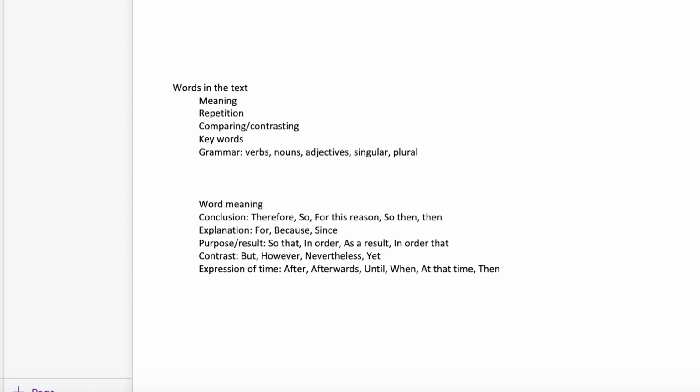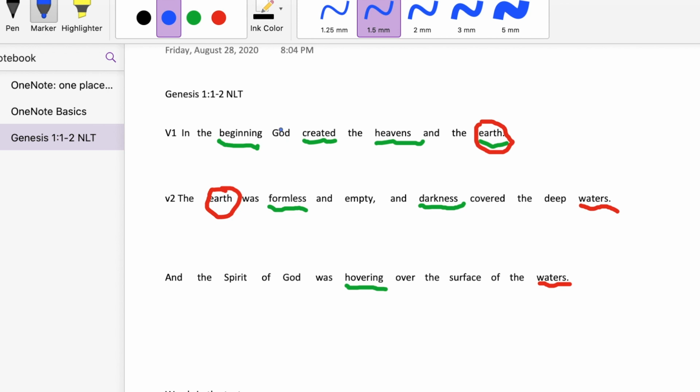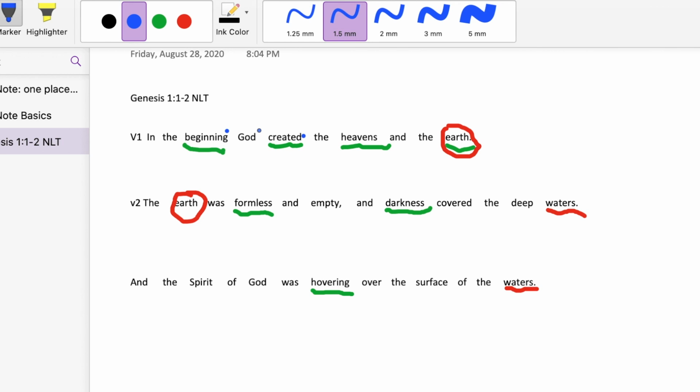Next we would want to look for any keywords, words you think would be important. I think a keyword would be created. Another keyword would probably be beginning. Another would be God, and then Spirit of God.